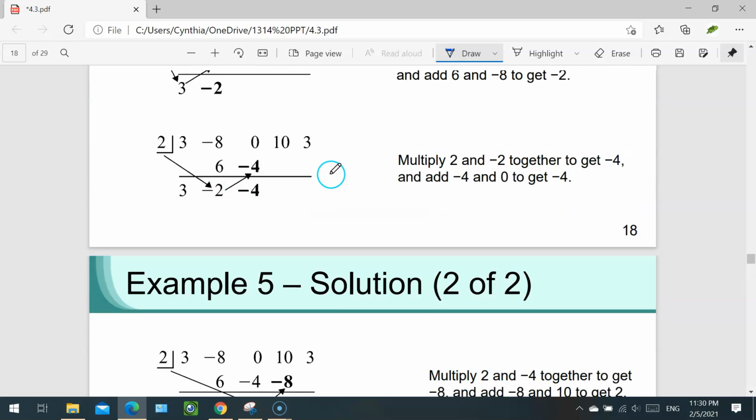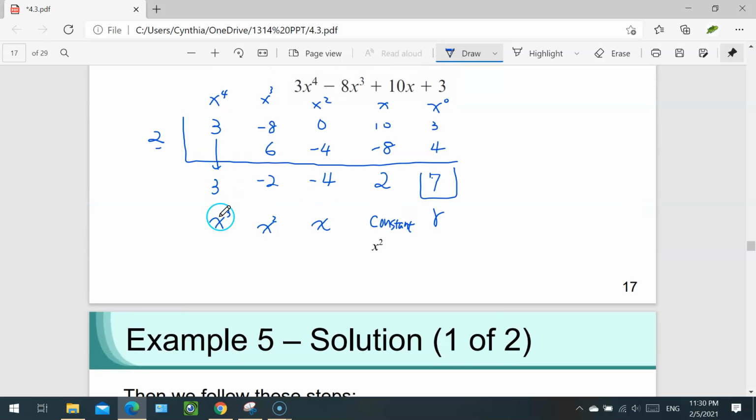And this 3 is carried with x power 3. So you have 3x cubed minus 2x squared minus 4x plus 2. And then you plus the remainder over your divisor, which is x minus 2.